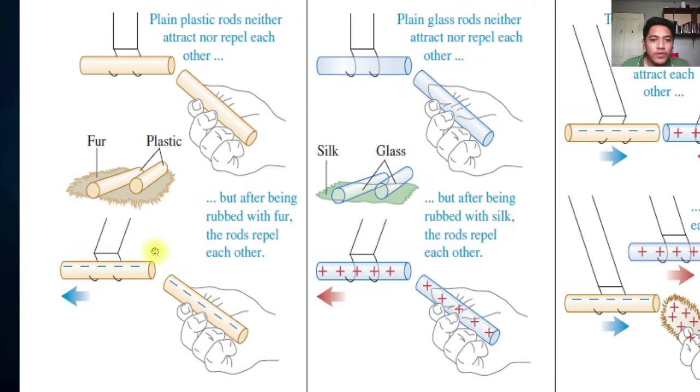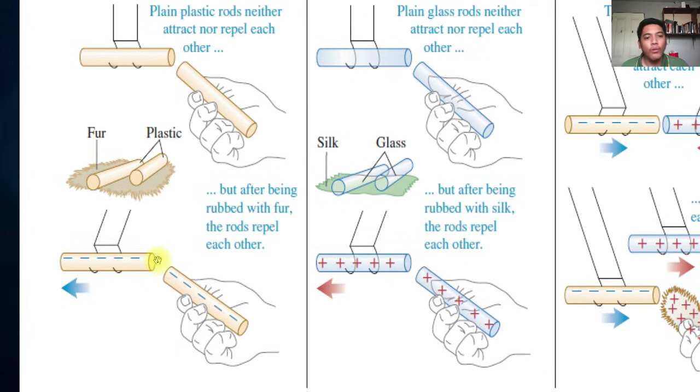After being rubbed with the fur, the rods now repel each other. Because both are negatively charged, this rod will go as far away as possible from this negatively charged plastic rod. The key concept is that like charges repel and unlike charges attract.